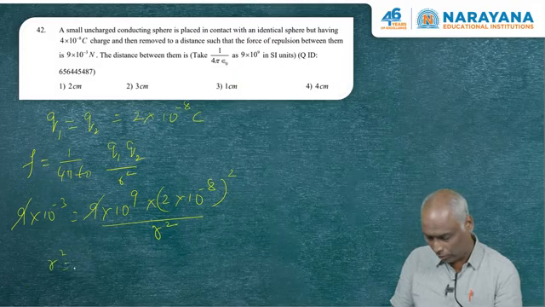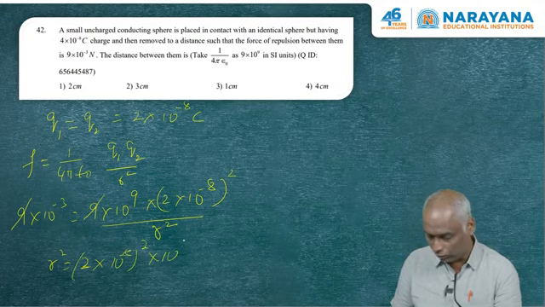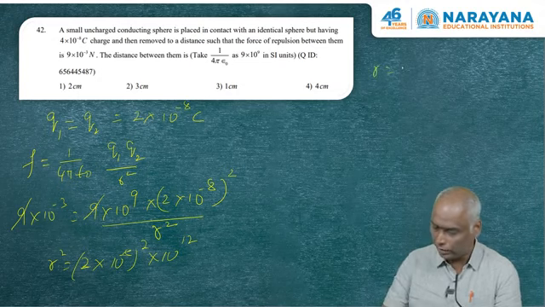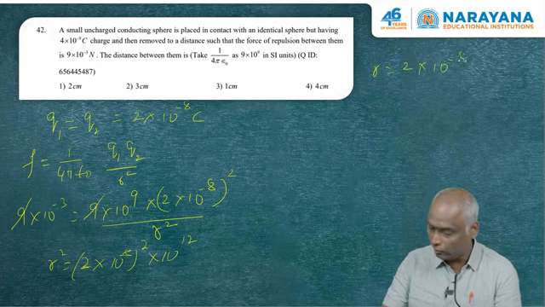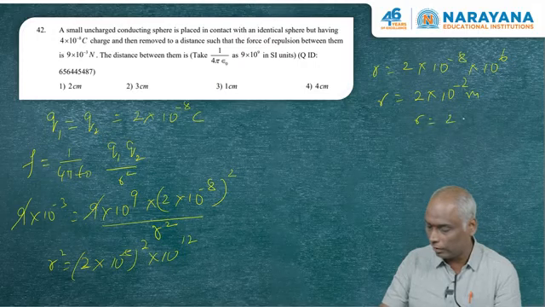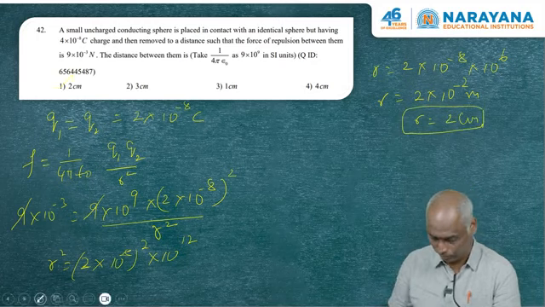From this equation, r square equals 2 into 10 to the power of minus 8 whole square into 10 to the power of 12. Taking the square root on both sides, r equals 2 into 10 to the power of minus 8 into 10 to the power of 6. So r equals 2 into 10 to the power of minus 2 meters, so r equals 2 centimeters. Option 1.